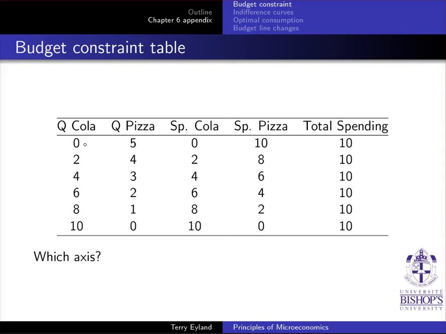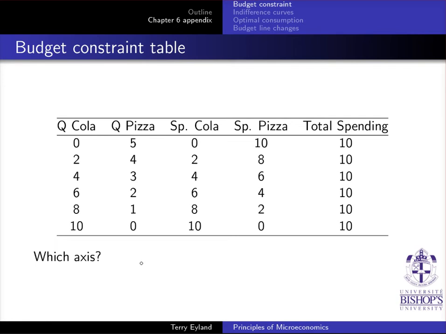So here, if I don't buy any cola, but I buy 5 units of pizza at $2 each, I spend $10. If instead I buy 2 colas at $1 and 4 pizzas at $2, well, I'm spending $8 on pizza, $2 on cola, spending 10 in total, and so on and so forth. These are my different examples.